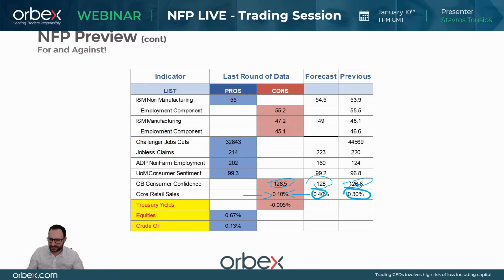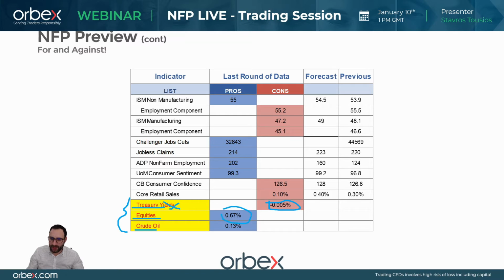And last but not least, of course, let's have a look now at the leading indicators, which are Treasury Yields, equities, and crude oil. As of, I think, less than an hour ago, we've seen the Treasury Yields being very close to the closing price, so I don't think this is going to be affected. It seems to suggest that markets at least are expecting a mixed outcome, they're not sure pretty much, right?